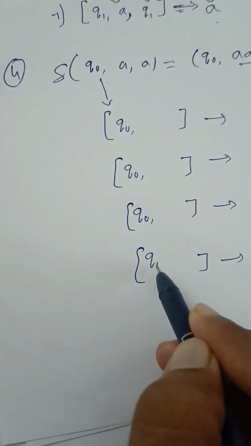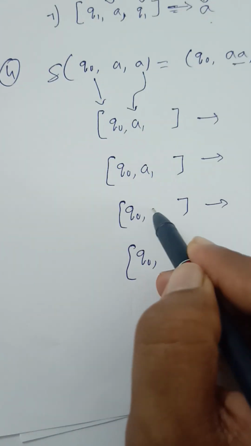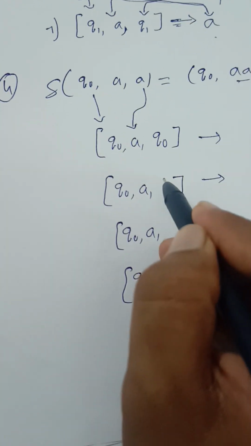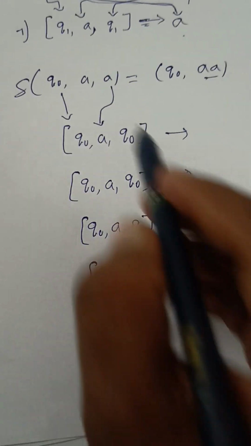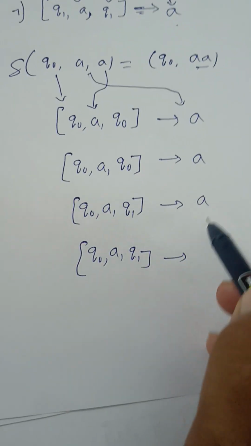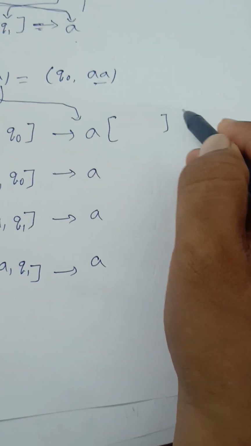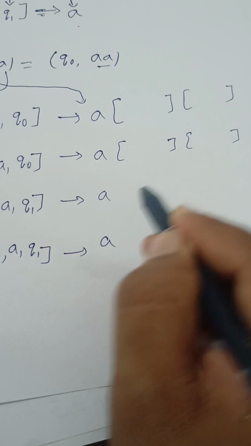What is the second field? So this is the second field. What is the third field? So here we have 2 states, q naught and q1. That's why simply we will consider that one. So the right hand side, small a. Okay, so here we have two characters, that's why we will mention two square brackets.